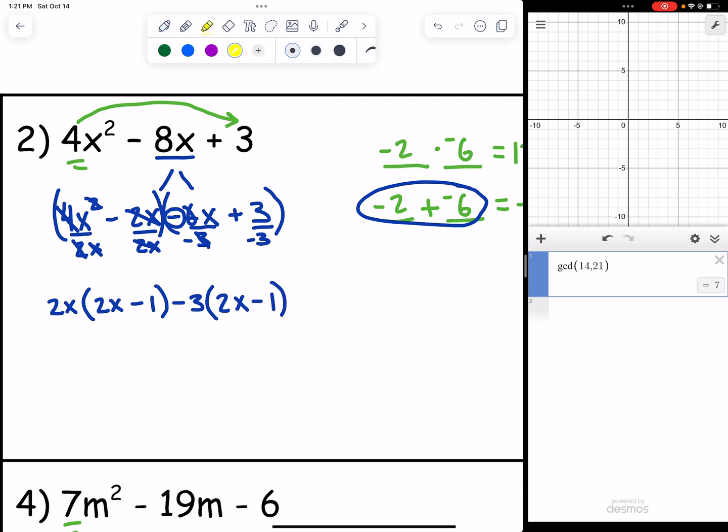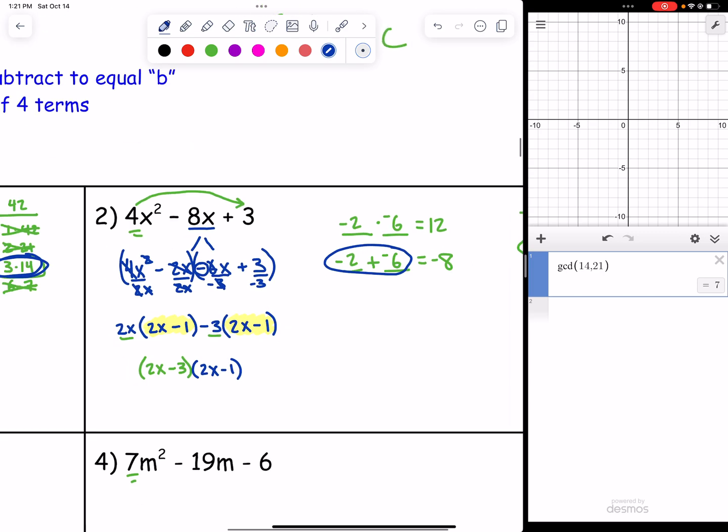So notice by taking out that sign from the third term, it helps these two to match, which is what we want with this type of factoring. So bring together your greatest common factors. So 2x minus 3, and then one of the ones that's the same. All right, so that is it for our second example.